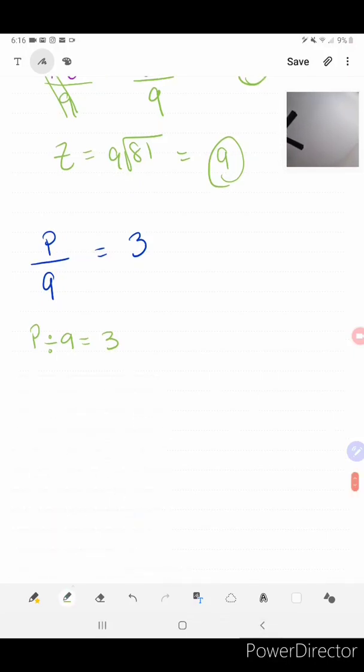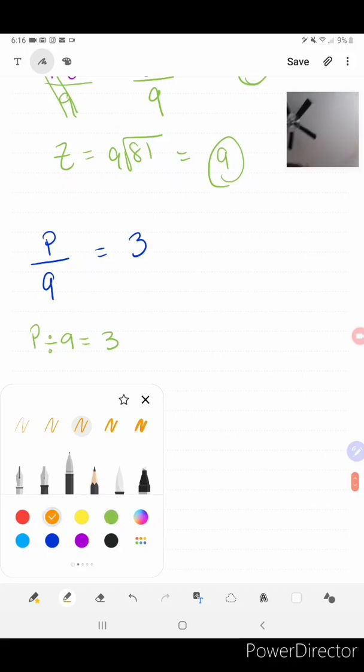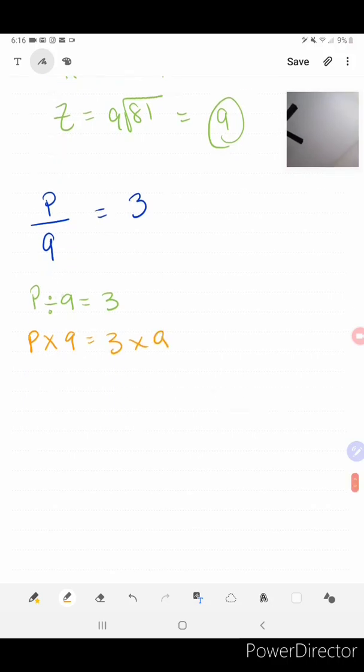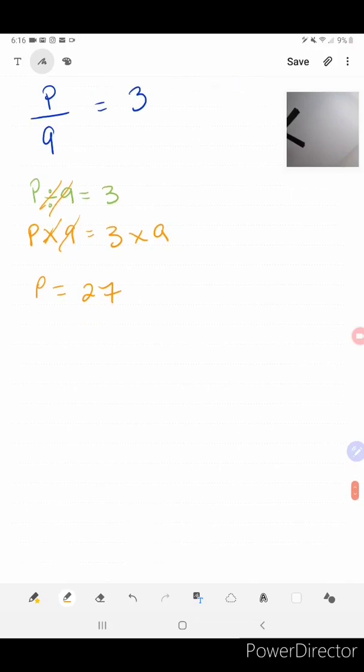What is the opposite of division? The opposite of division is times 9. So we're going to do 3 times 9. And then that cancels out this 9. P is by itself. 9 times 3 is 27.